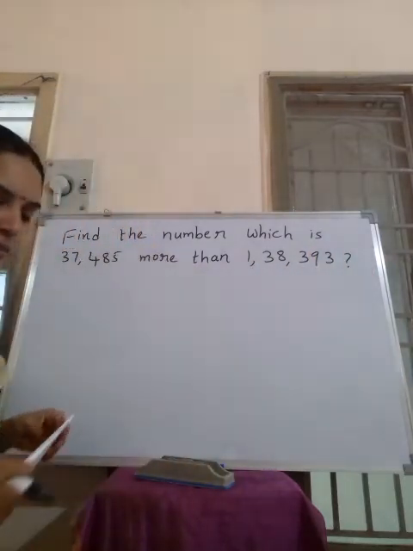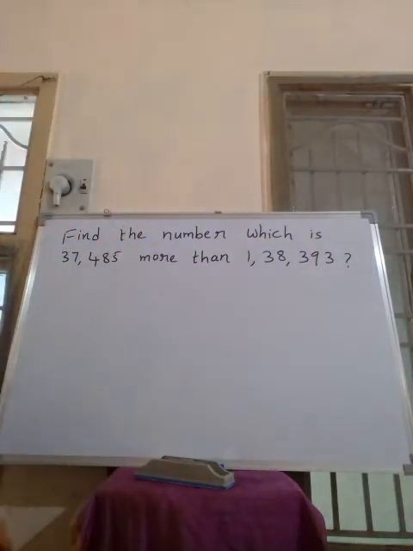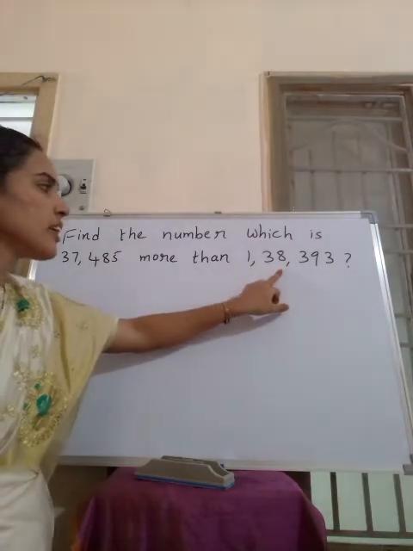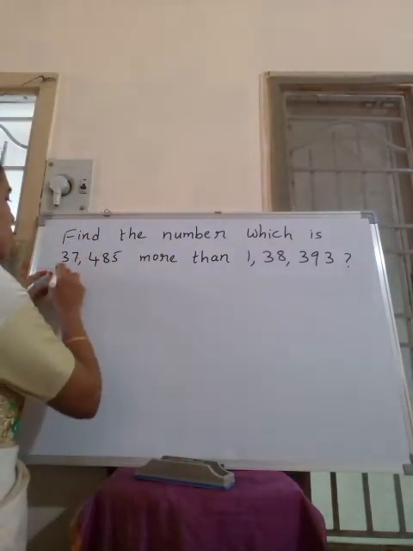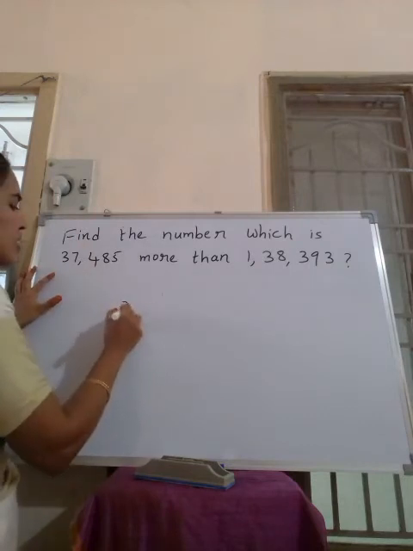This is one of the workbook problems. Find the number which is 37,485 more than 1,38,393.